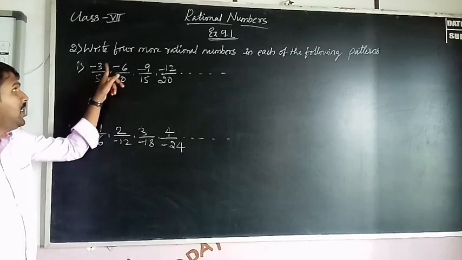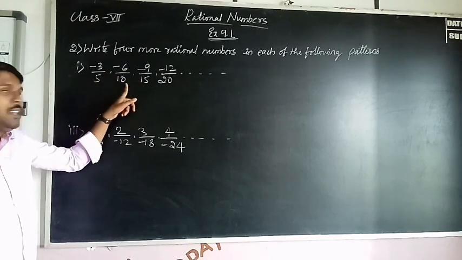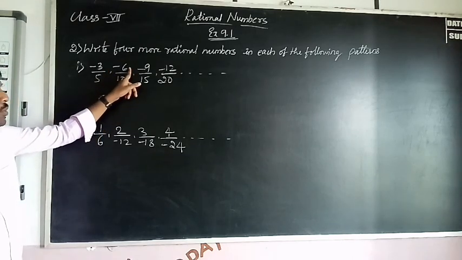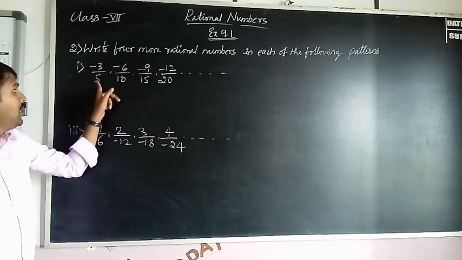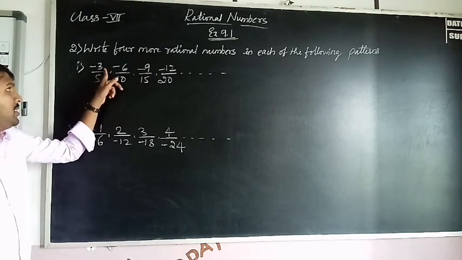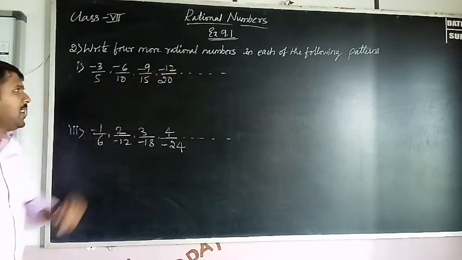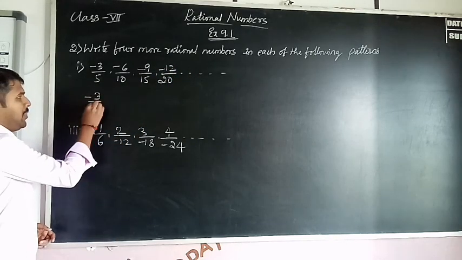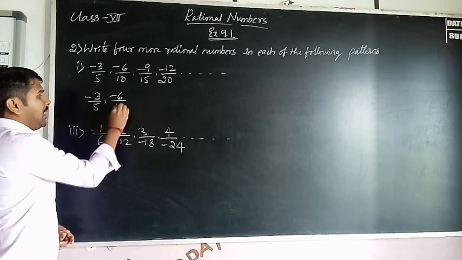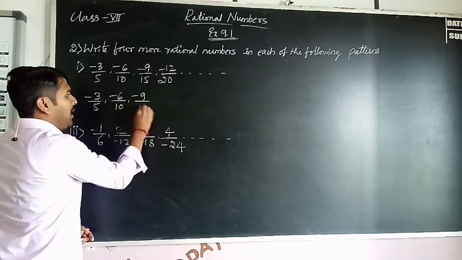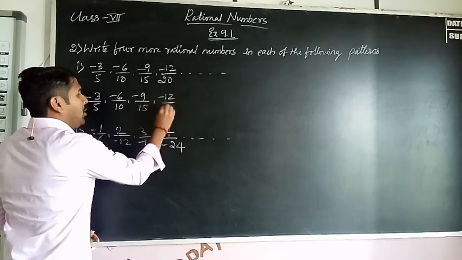That is 3 into 2, 6. 5 2s are 10. They have multiplied by 2 here. 3 3s are 9, 5 3s are 15. Next 3 4s are 12, 5 4s are 20. So the next numbers are minus 3 by 5, minus 6 by 10, minus 9 by 15, minus 12 by 20.